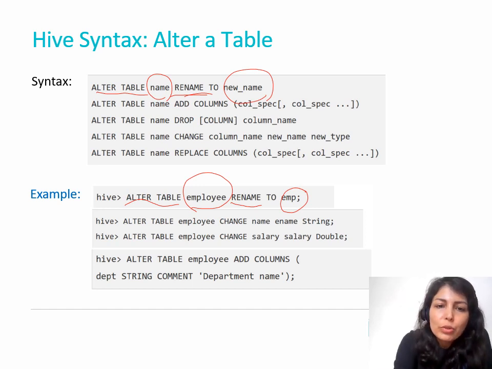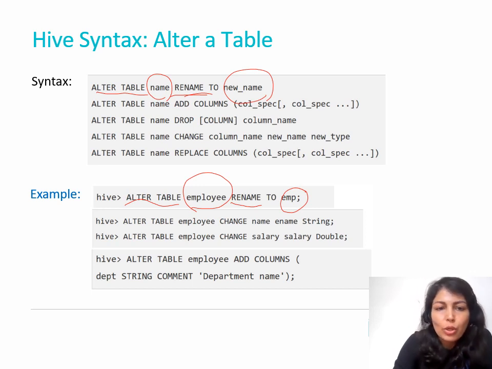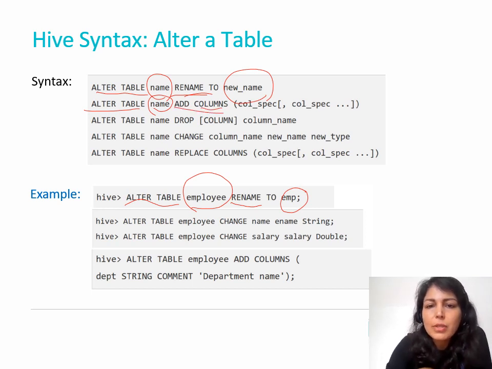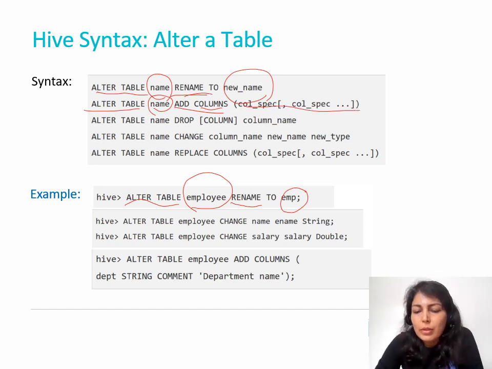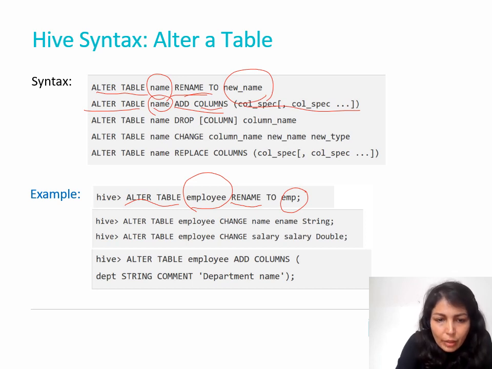Or you may want to add one or more columns to your table. So you say alter table, the name of your table, and then the keywords are add columns. Then you can add one or more columns here. I have an example here.